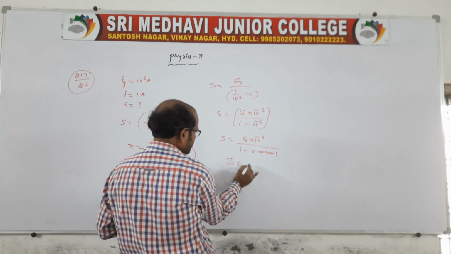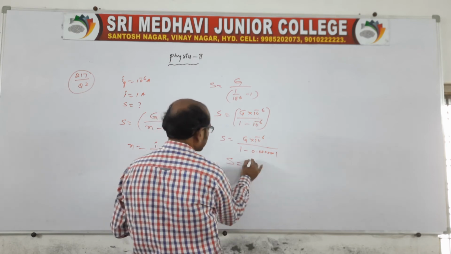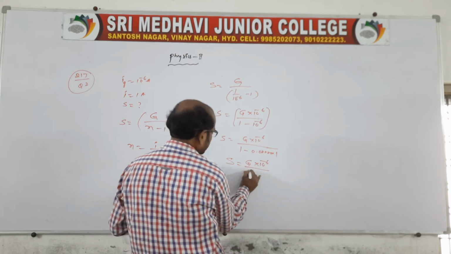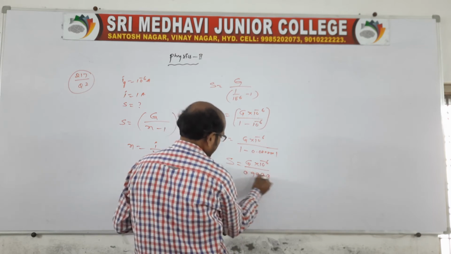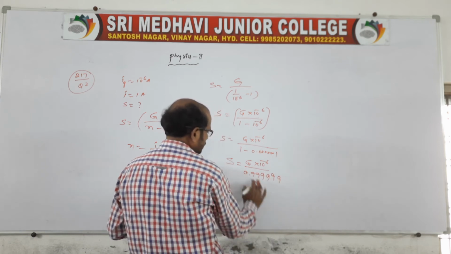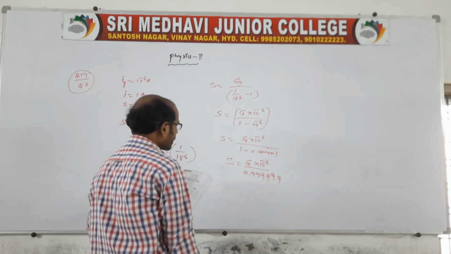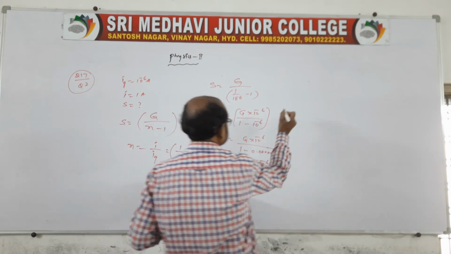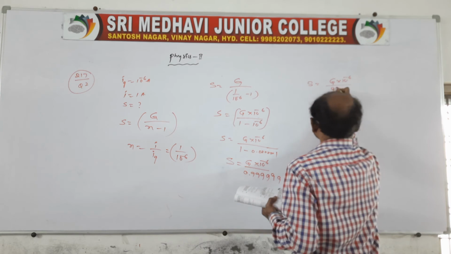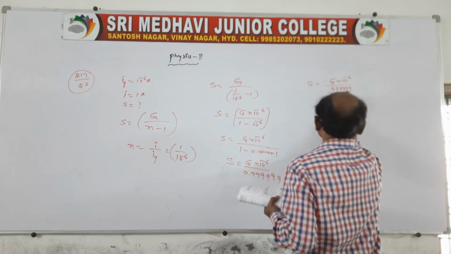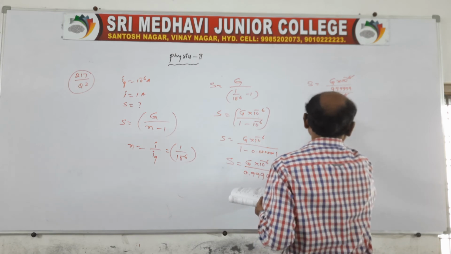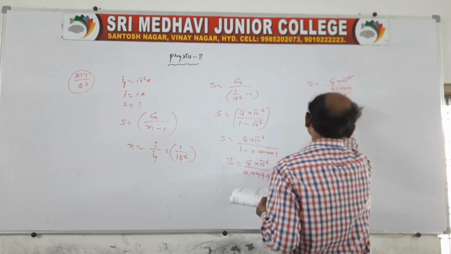If you subtract this, it is approximately G into 10 power minus 6 by 0.9999, because there will be 6 nines. So S is equal to G into 10 power minus 6 by 99999 by 10 power 6. This 10 power 6 is cancelled, and the answer will be G by 99999.